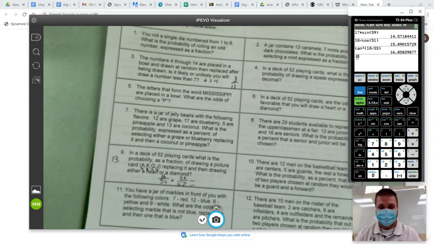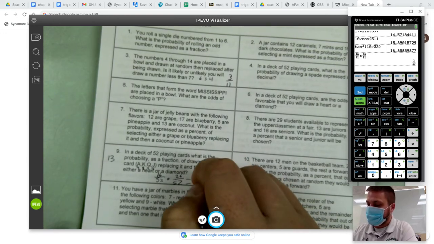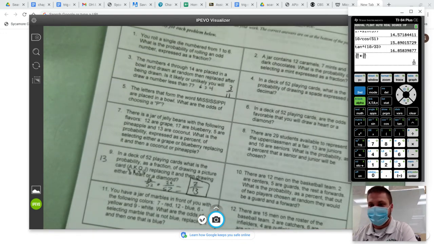So I've got 16 over 52 times 26 over 52, and that gives me a 2 out of 13 chance of that happening.